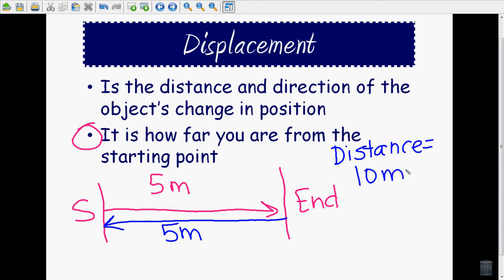But look, I started over here, I went down, I went back. So where am I in reference to this starting point? I'm exactly back where I started.